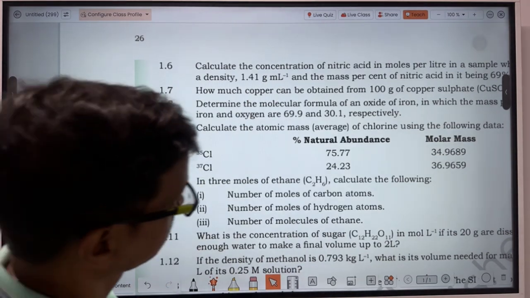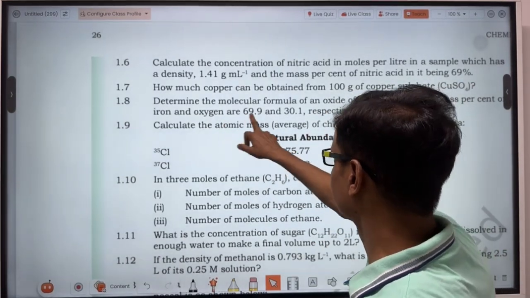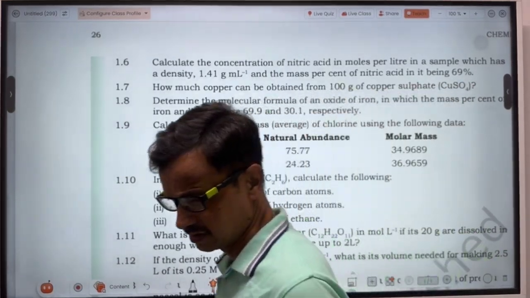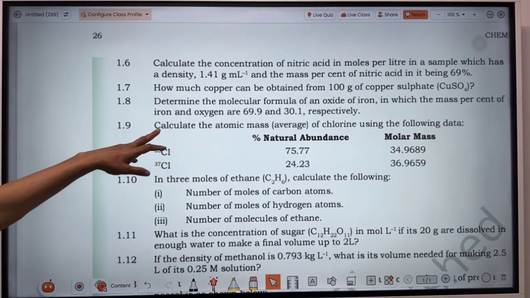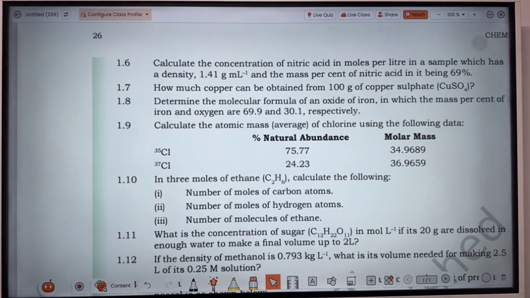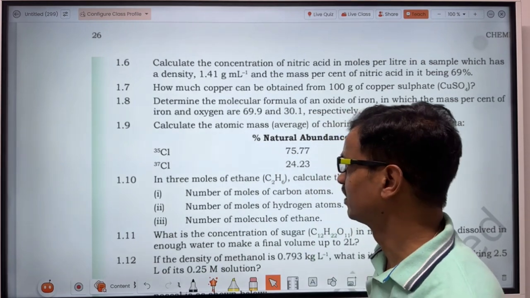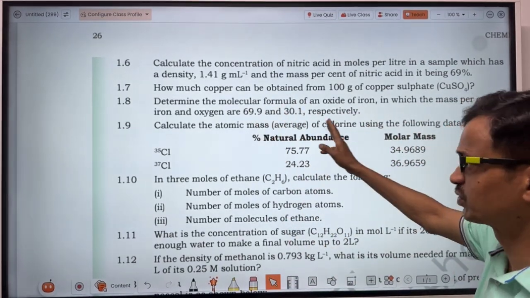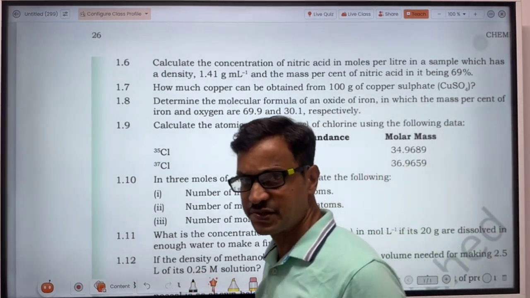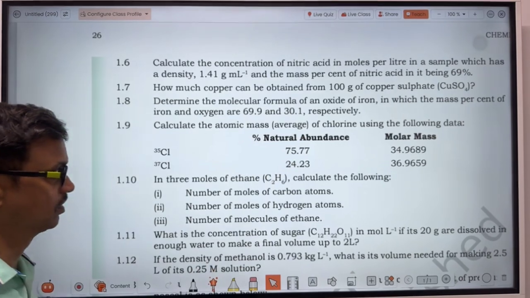Determine the molecular formula of the oxide of iron in which the masses of iron and oxygen are given respectively. So the mass of iron is given and the mass of oxygen is given here. To calculate the molecular formula, you will have to find out the number of moles of iron and the number of moles of oxygen, and in which ratio they are present, that will be the empirical formula.